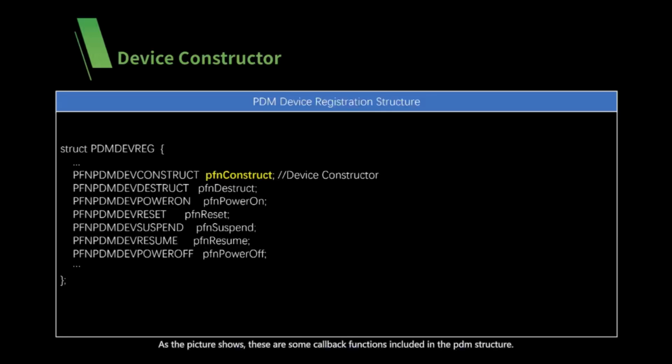As the picture shows, these are some callback functions including the PDM structure. For example, the initialization function of the device is pfnConstruct, the startup function is pfnPowerOn, and the restart function is pfnReset. These are unified device interfaces defined by VirtualBox, which are called by the VirtualBox main thread at an appropriate time.